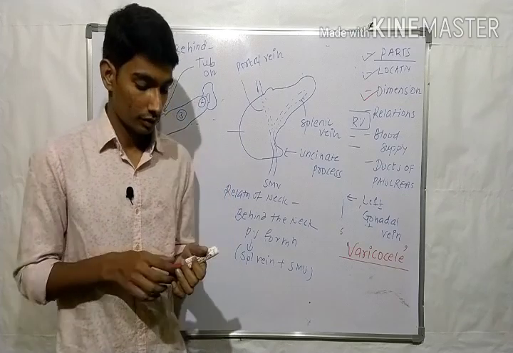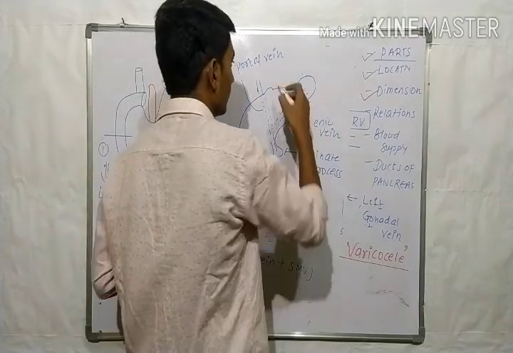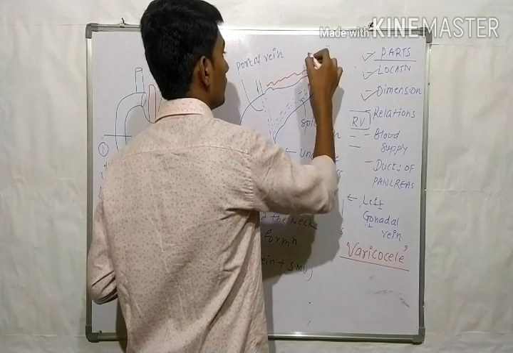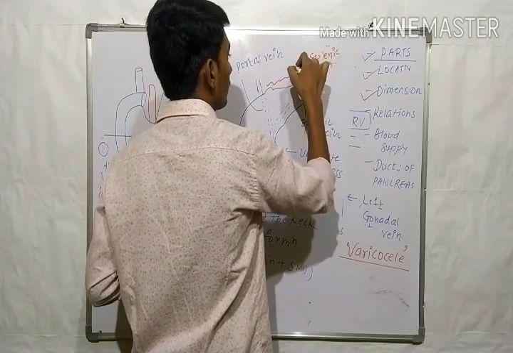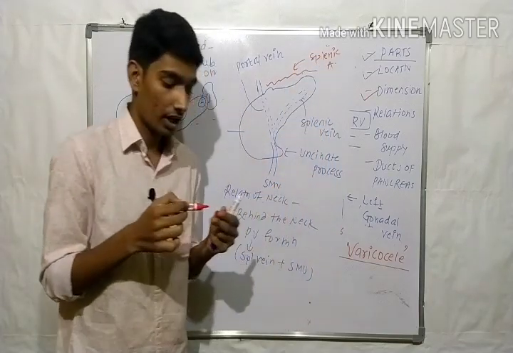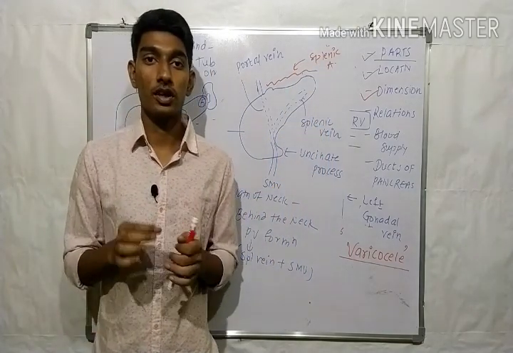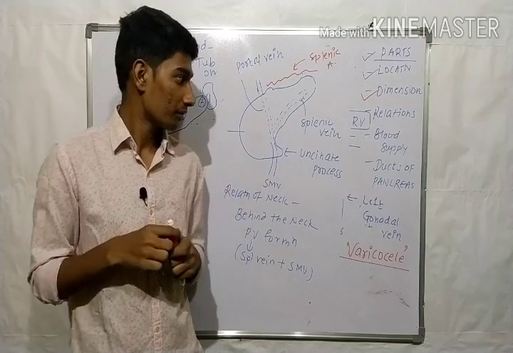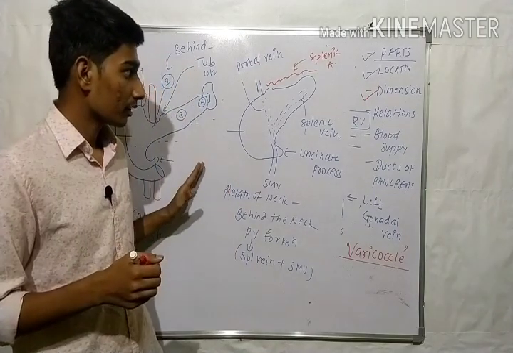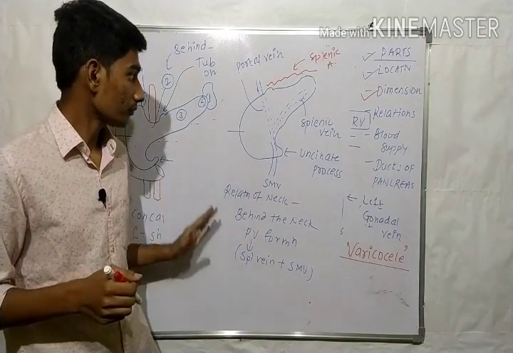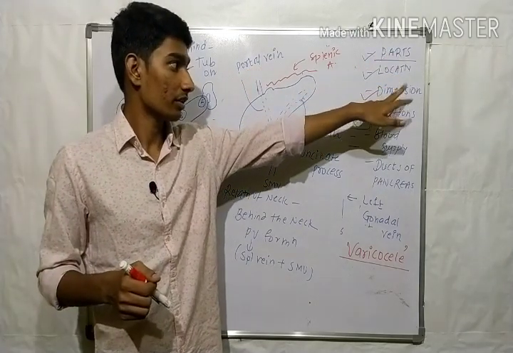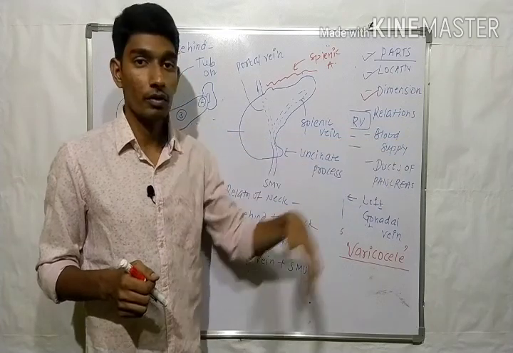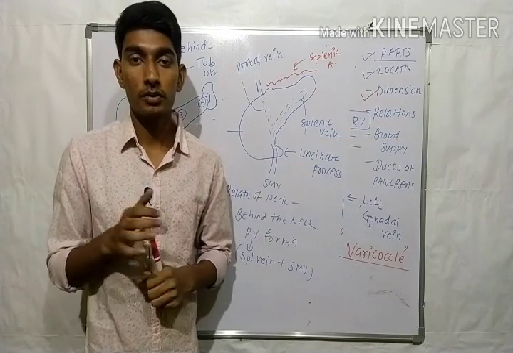No. The splenic artery lies along the upper border of the body of the pancreas. Okay, this is about the parts, location, dimension, and relations of the pancreas. Clear up to this point?